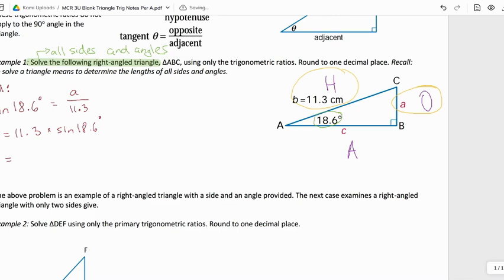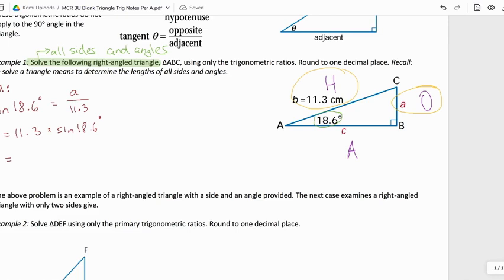Okay, once again, you're punching everything into your calculator at once. I want to encourage you not to press sine 18.6 equals times equals. What you have to do is enter the angle first.